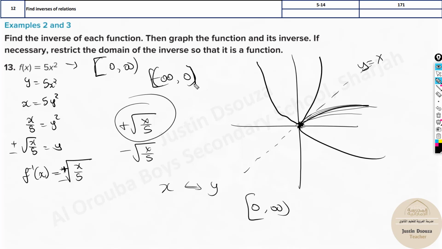Sorry, this is a small bracket and this is a big bracket. Then what will be the range of the square root function? It will be the same thing, minus infinity comma 0, right? But we always write the lower value first, like this, minus infinity. That's when it's minus. This is called a restricted domain.